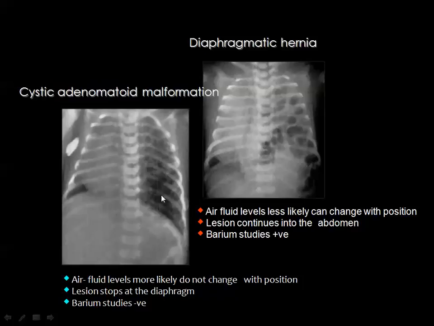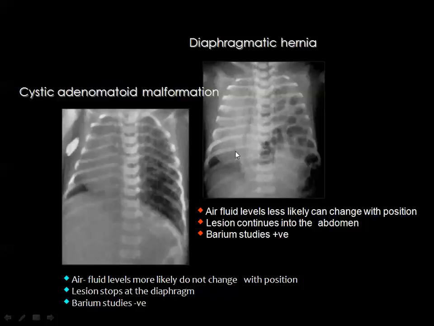Congenital diaphragmatic hernia is also diagnosed in utero, and the patient is usually distressed, and the chest X-ray will show multiple air-filled cavities in one of the hemithoraxes.